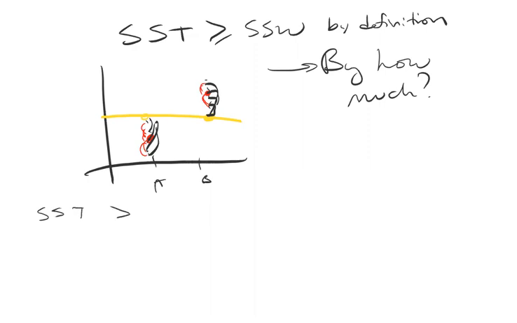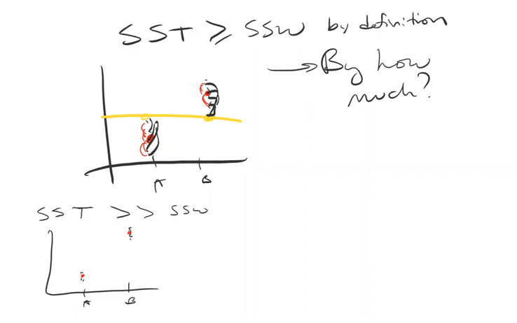If SST is way bigger than SSW, let me try to draw a picture like that, where SST is way bigger than SSW. If you haven't seen this kind of notation before, when you put two greater than signs, it means way bigger than. Here's a case where SST is way bigger than SSW. Here's the A group and here's the B group. In this case, SSW is going to be really small because within each group, the points are very close to the mean in that group. But SST is going to be really big, right? So here are the within group means to calculate the SSW residuals.